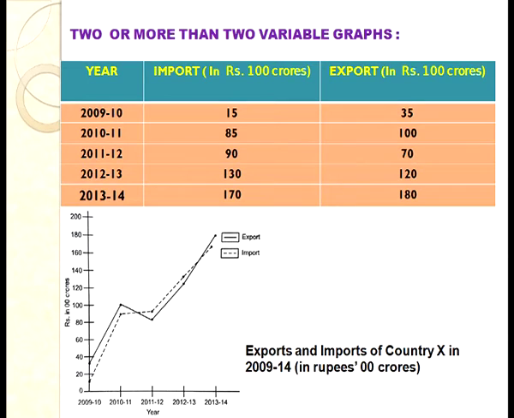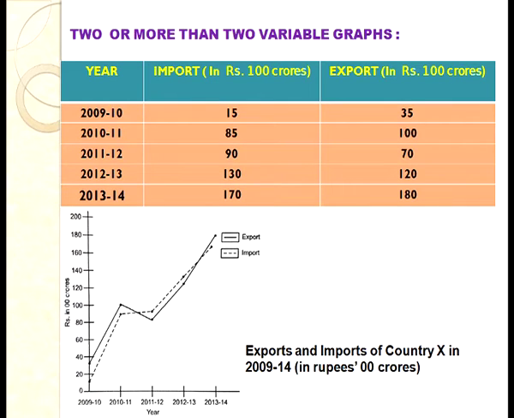Now I think you have all understood this one variable graph. We can discuss the two variable graph. So students, let's discuss two or more than two variable graphs. As you can see in this graph, there are two variables. The first is import, the other is export. Now to distinguish between the two lines, either you can use color pencils or you can have one dotted line with your pencil.